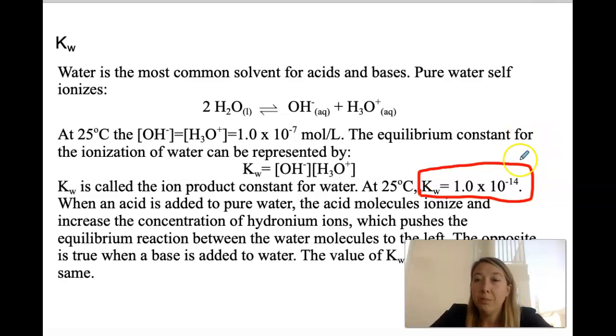But now we can plug in this 1.0 times 10 to the negative 14 for KW, plug in whichever of these two numbers we know, and then solve for the other one, okay? It's pretty common to see a question on the diploma that's literally just converting between hydroxide and hydronium. So it is really helpful to make sure that you are familiar with the KW equation.